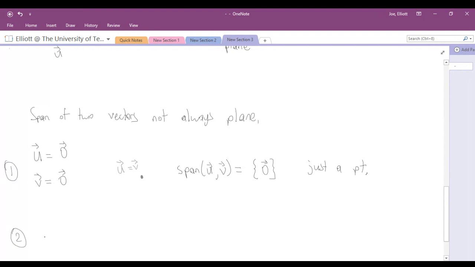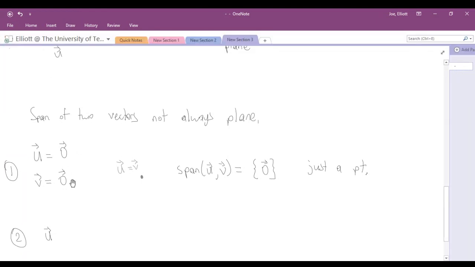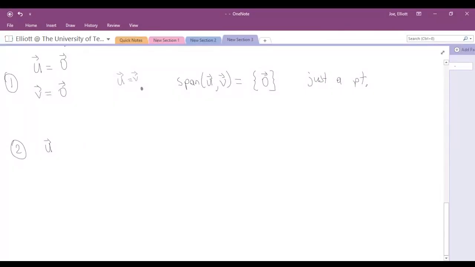Another possibility is that your two vectors lie along the same line. Let's say if u looks like that, and then v looks like that.